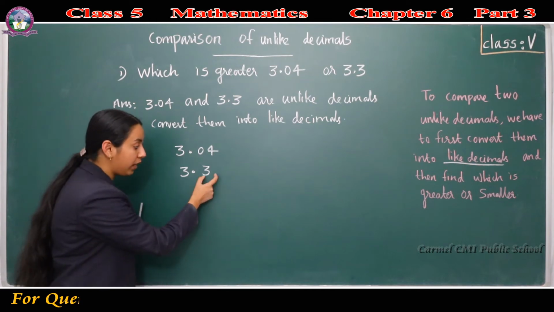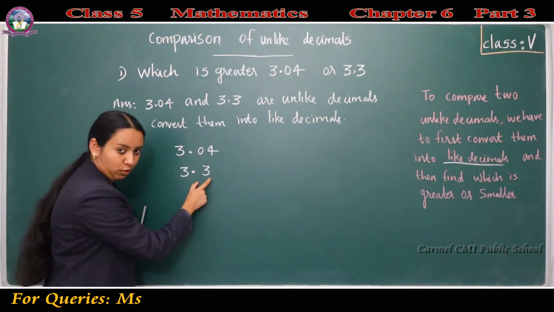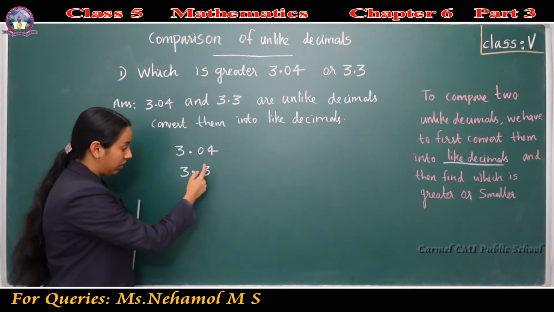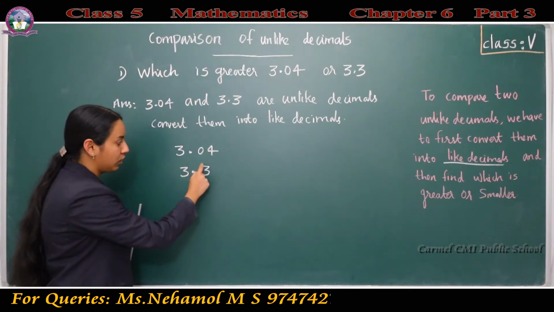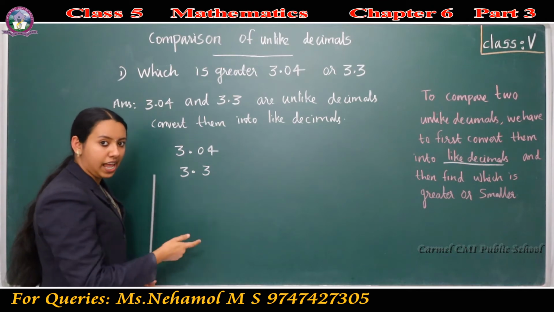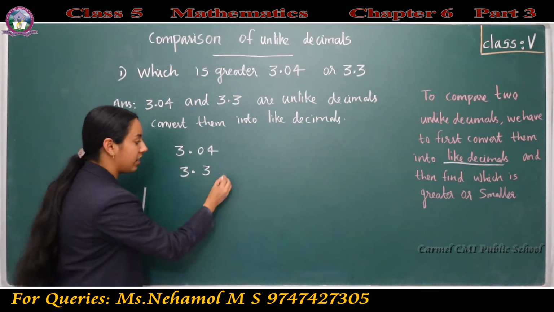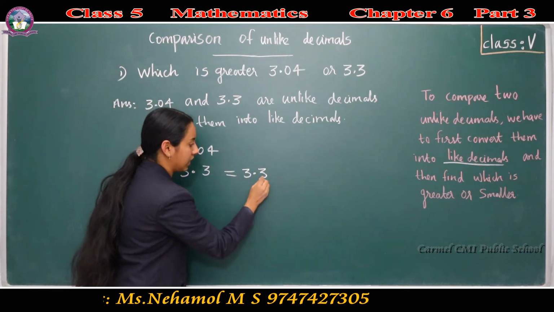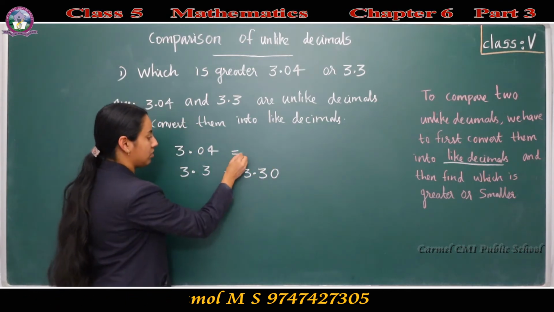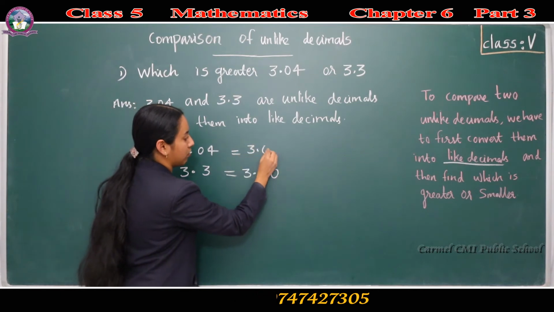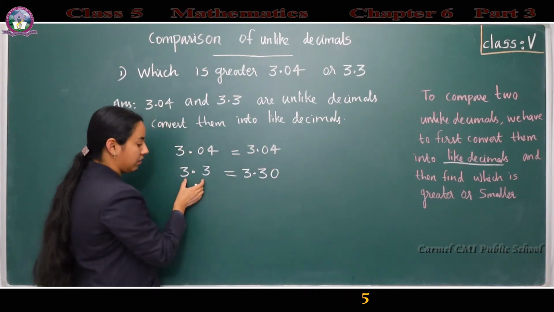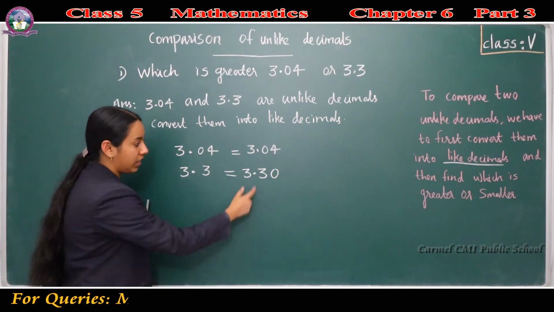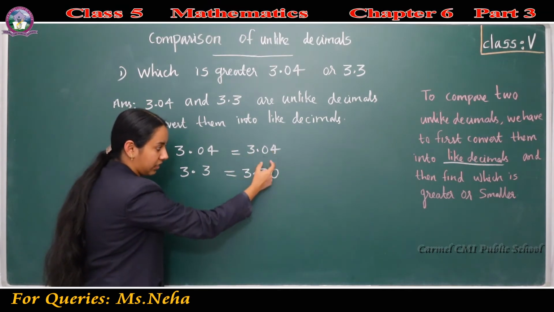We have to make two decimal places in the second number also. Then the two numbers will become like decimals. For that, add one zero here. 3.30. And the first one is 3.04 itself. And the second one 3.3 becomes 3.30. Then two decimal places are there.